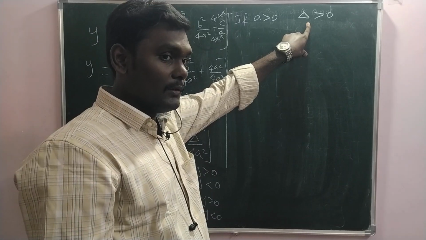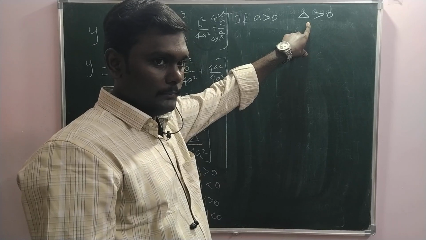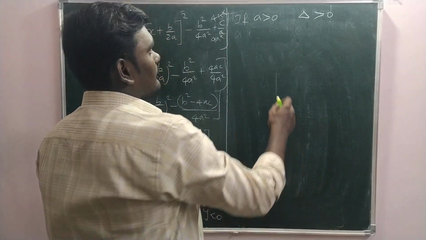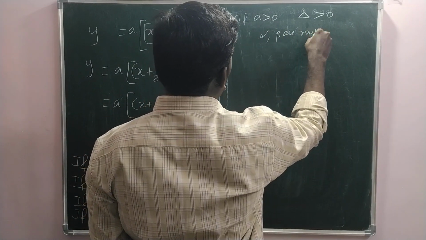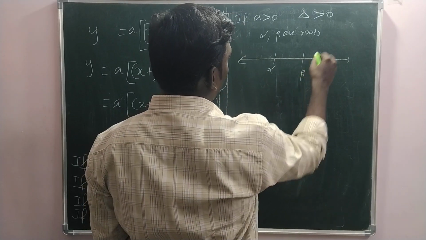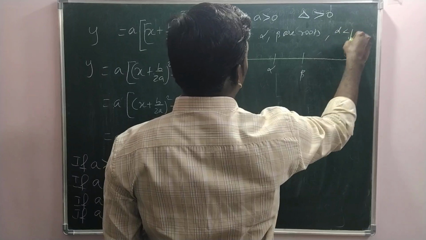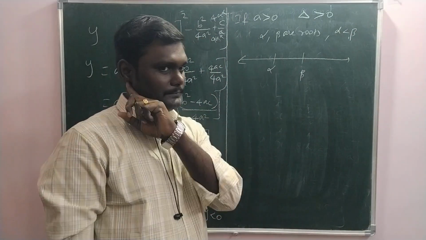Real and unequal roots. Okay, so let us say alpha and beta are roots. Then place alpha and beta here, saying that alpha is less than beta. In this interval, we have to check.